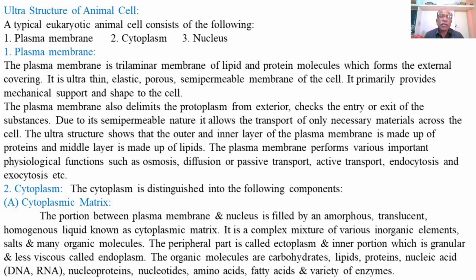The peripheral part of the cytoplasm is called ectoplasm, and the inner or central portion of the cytoplasm, which is granular and less viscous or somewhat dense, is called endoplasm.